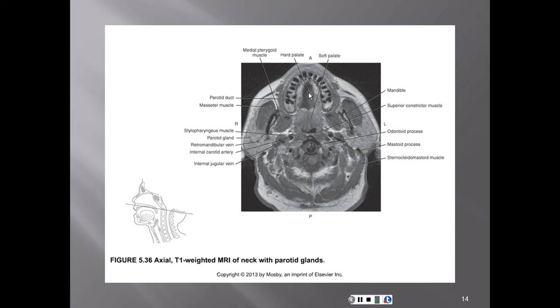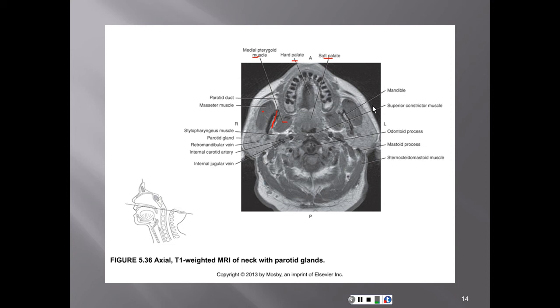An anatomy of interest would include the hard palate and soft palate. Very important is the medial pterygoid muscle, which sits just medial to the ramus of the mandible right there. So you have the masseter muscle, and you have the medial pterygoid muscle.